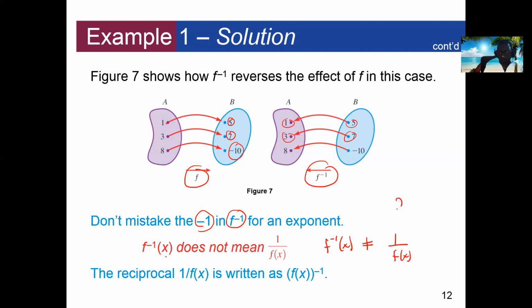Of course, if you have 2 raised to negative 1, it's the same as 1 over 2. But for a function, we cannot do that. The reciprocal function 1 over f of x is written as f of x, or if you use brackets, all raised to negative 1. This will give me 1 over f of x, but not the inverse function.